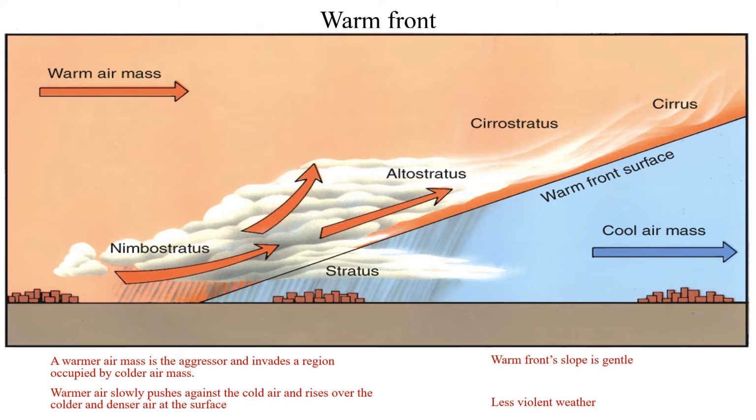And when you have a warm front, you do not have much violent weather. You do not have that much precipitation. Sometimes you don't see any. So the frontal slope in the warm front is gentle. So you need to know that.